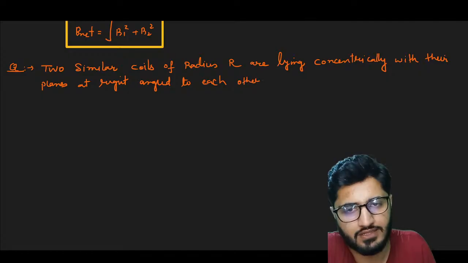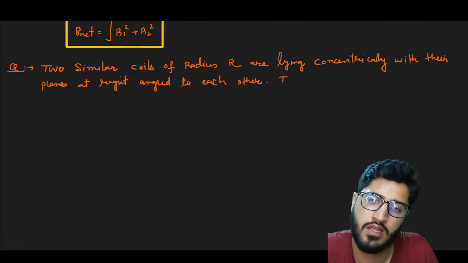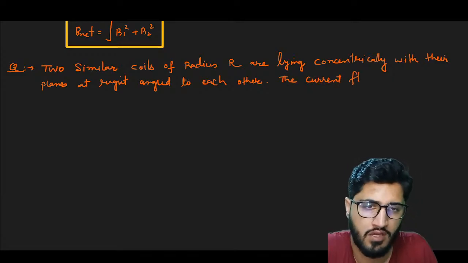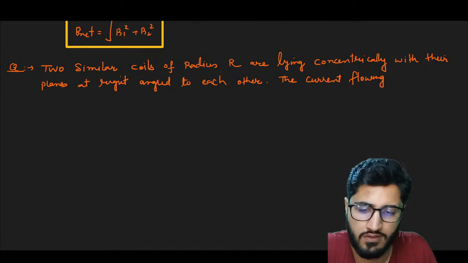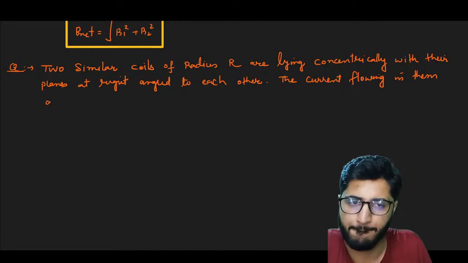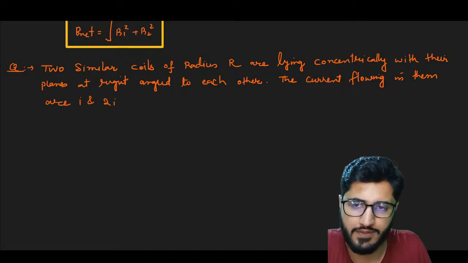Concentrically means the centers of both the loops coincide. The currents flowing in them are I and 2I.